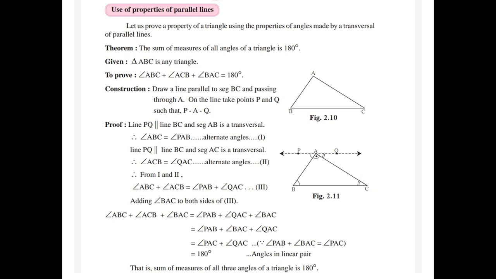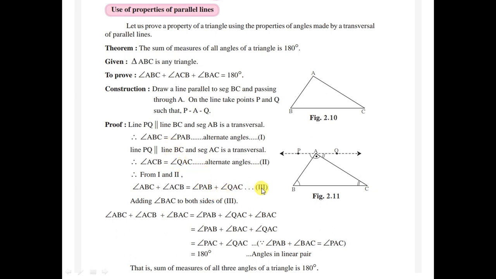Now let's equate the two pairs, pair number 1 and pair number 2, and see what is common in both the pairs. Angle ABC is congruent to angle PAB and angle ACB is congruent to angle QAC. So I will add number 1 and number 2: angle ABC plus angle ACB equals angle PAB plus angle QAC.